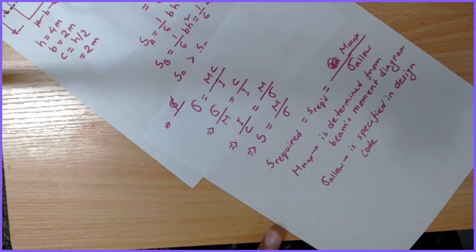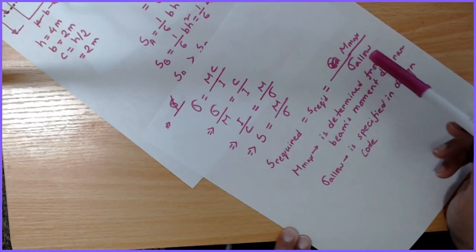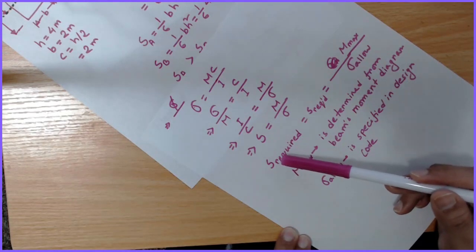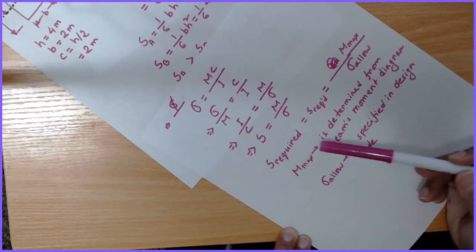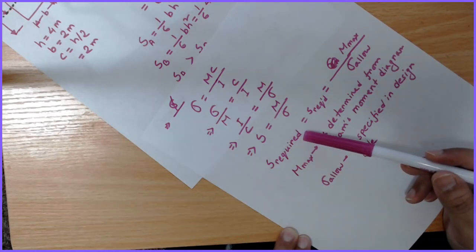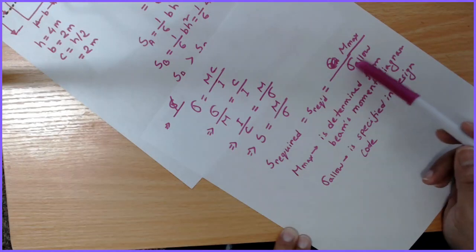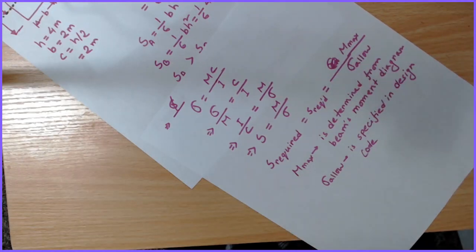There are a lot of organizations that develop standard design codes for a particular material, particular alloy. We will get that value and plug it into this equation, and we will get the required section modulus. I'm going to solve a problem later in this lecture, and after I solve the problem we will understand this.